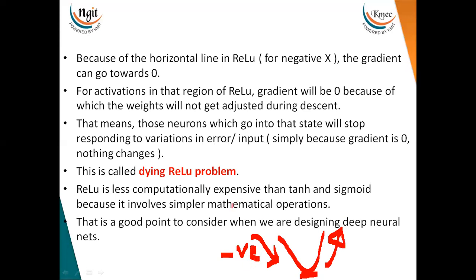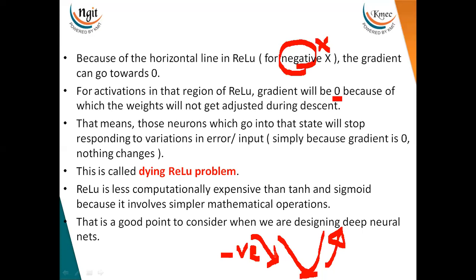But my ReLU is not at all allowing me the negative values. Whenever I get negative values, it converts them to 0. So because of this 0, my actual negative value is dying. That's why this is called the dying ReLU problem, because my actual value is lost. It is converted into 0. I'm not getting my actual value.